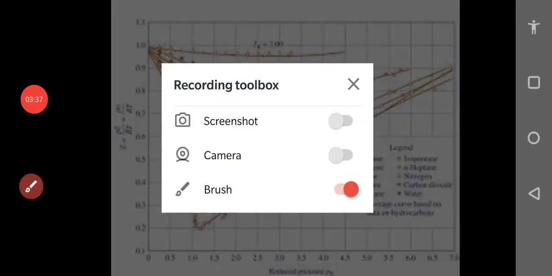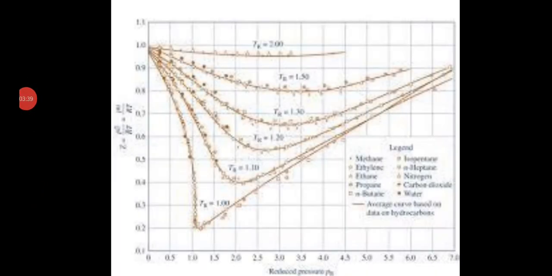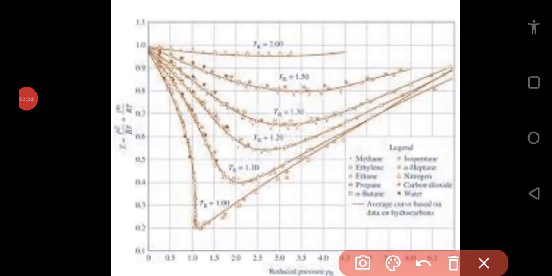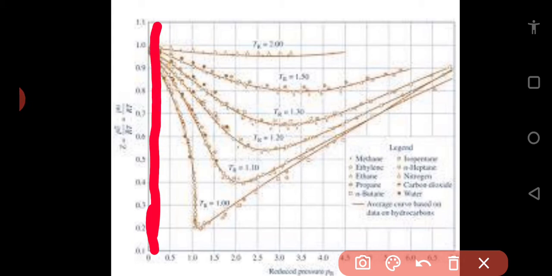Now you can see this again, the general compressibility chart. PR is 0.177, very low, that is somewhere here. We can take this line here, very close to the x-axis. This is PR equal to 0.177.